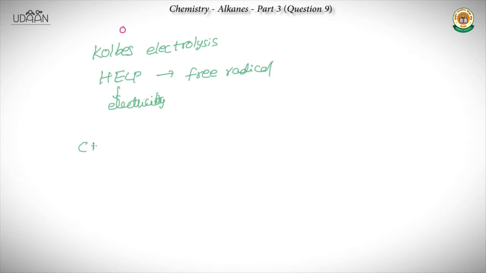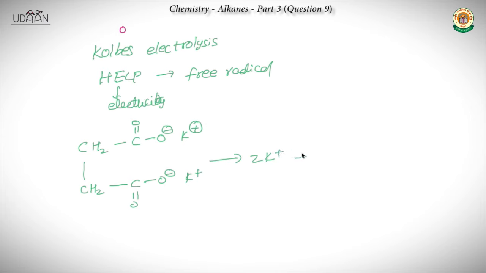First, during electrolysis, if you remember, cation and anion split and they move toward their respective electrodes. Now you'll get 2 K plus cations which move towards the cathode, and you'll get an anion, the dicarboxylate anion.